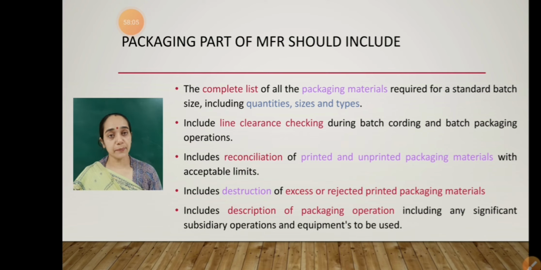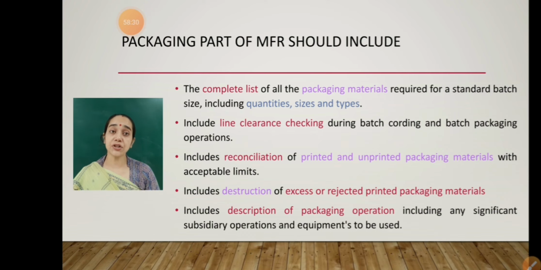As well as, similar to the manufacturing method, it should have a line clearance check during the batch coding and batch packaging operations. It should include the reconciliation of printed and unprinted packaging material within the acceptable limits, and the destruction of the excess as well as rejected printed packaging materials.